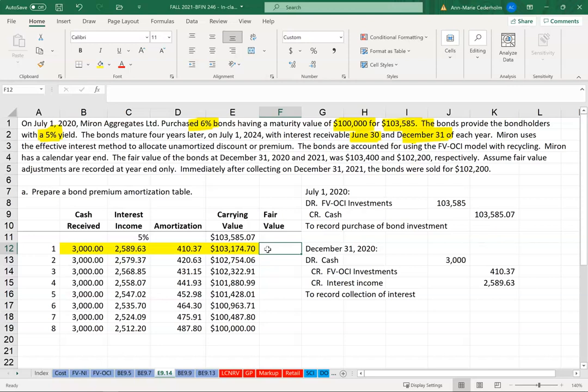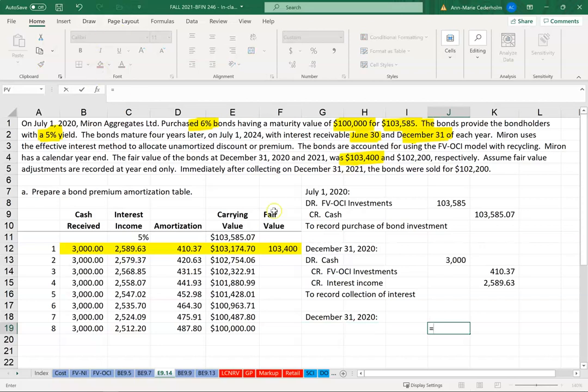So it says that my fair value at 2020 is 103,400. So let's put that in, 103,400. So I'm going to have to do an increase there. So I'll do December 31st, 2020.